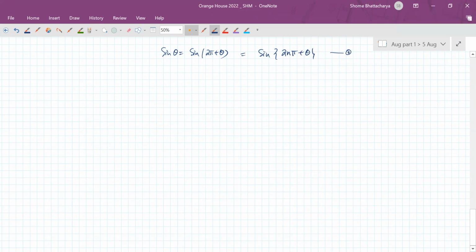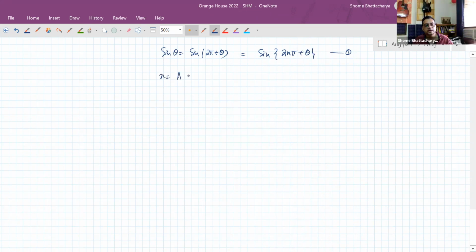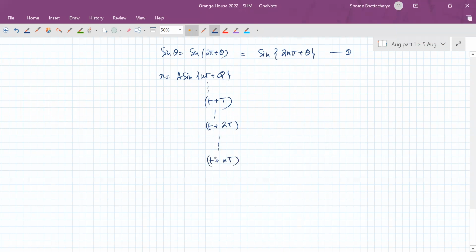Yes, sir. Okay. So now we are talking about SHM, where x is a sine function of time. When the motion repeats itself, I should replace the time with t plus capital T, or after the second cycle 2T, and like that after the nth cycle, nT.